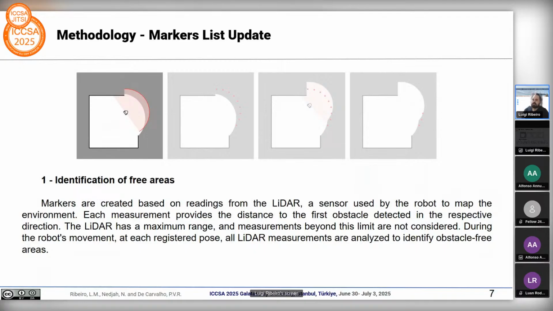Each measurement provides the distance to the first obstacle detected in the respective direction. The LiDAR has a maximum range, and measurements beyond this limit are not considered. During the robot's movement, at each registered pose, all LiDAR measures are analyzed to identify obstacle-free areas.